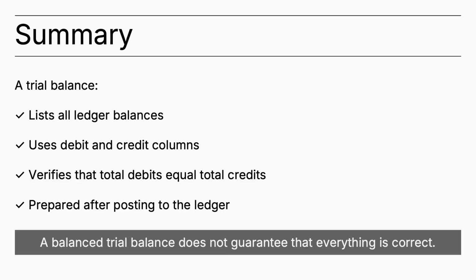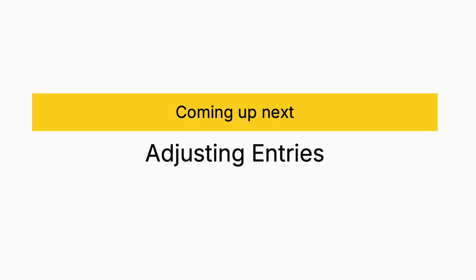A balanced trial balance does not guarantee that everything is correct. There may still be transactions that need to be updated or adjusted, and that's why the accounting cycle does not stop here. In the next video, we'll answer an important question. If the trial balance is already balanced, why do we still need adjusting entries?